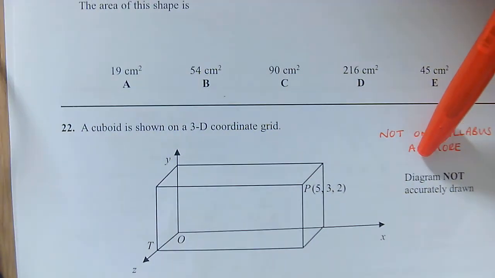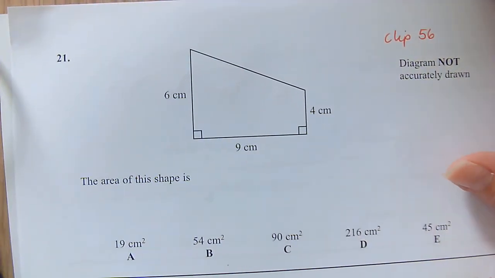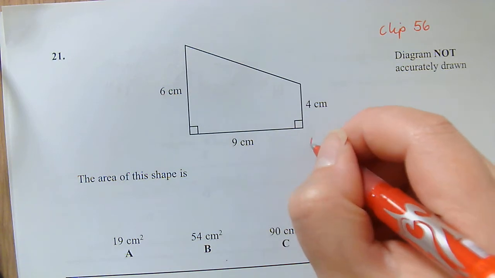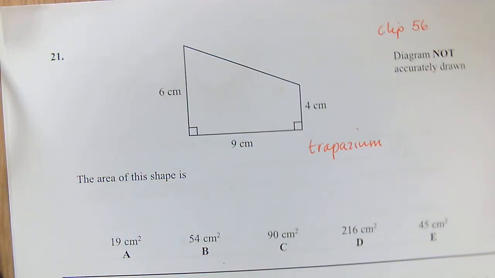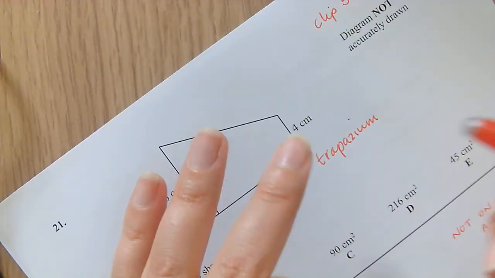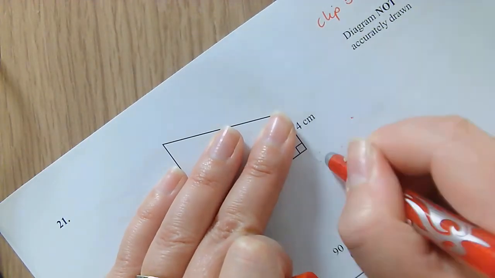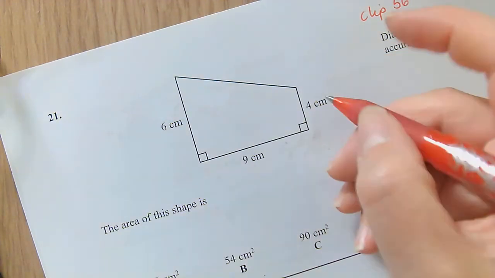Question 21. So we want to find the area of this shape. So this shape is a trapezium.